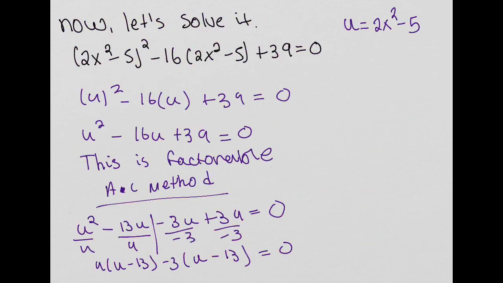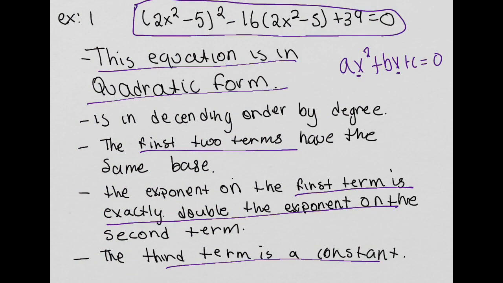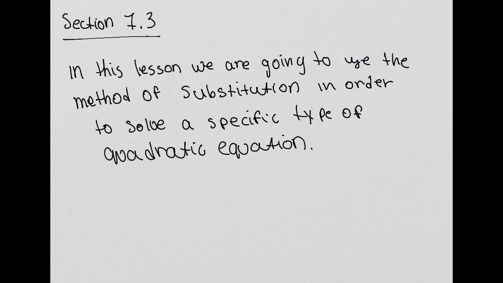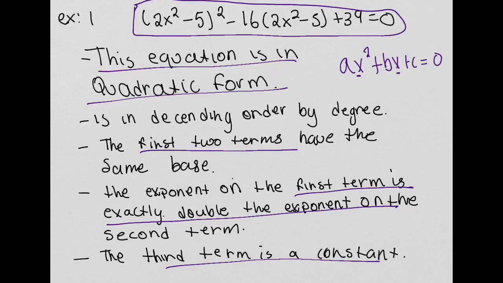So let's go back. In this lesson, we used the method of substitution to solve a specific quadratic equation, right? These are all the little things, the details that tell you that this specific quadratic over here can be solved using substitution.